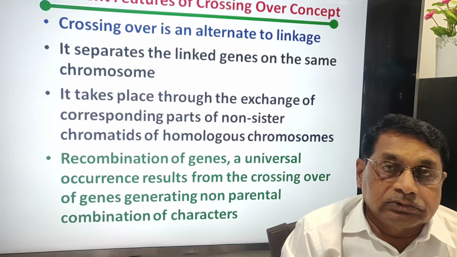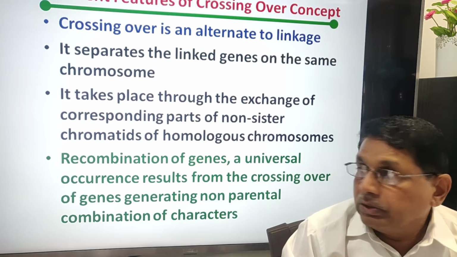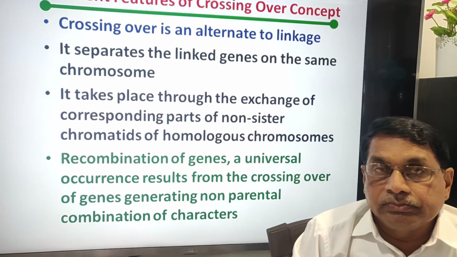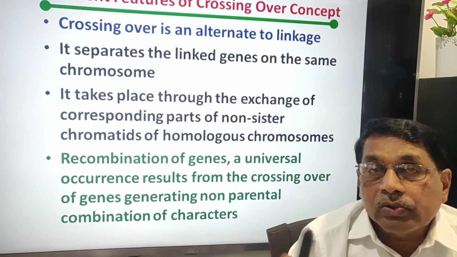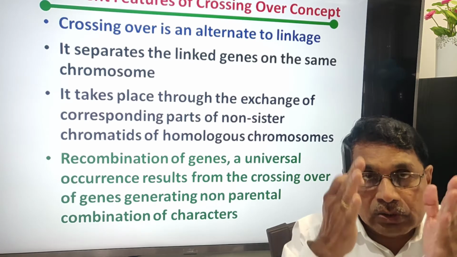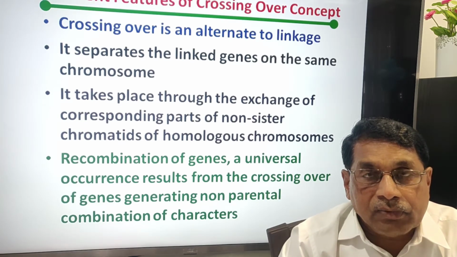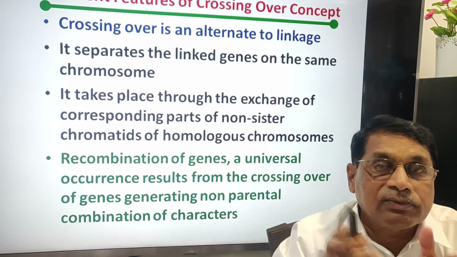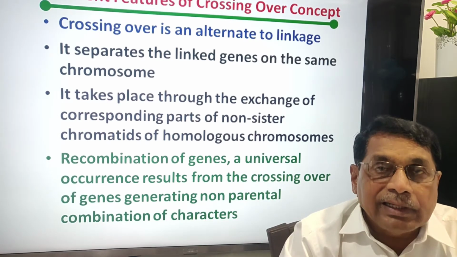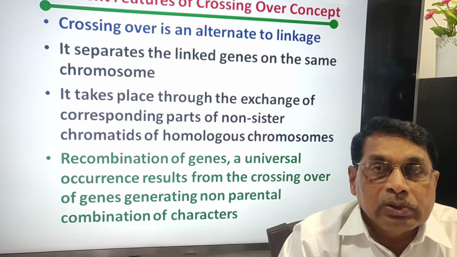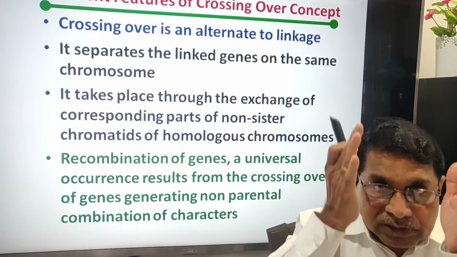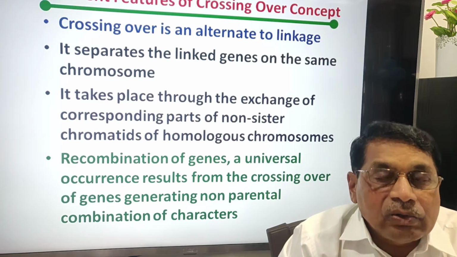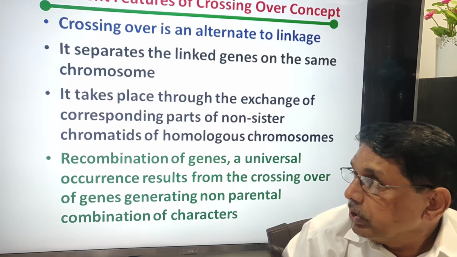This is very, very important. What are homologous chromosomes? Similar chromosomes, a pair of chromosomes, one comes from the male parent, another comes from the female parent. Similar in length, similar in centromere position, similar in gene sequence, similar in gene number. They are called homologous chromosomes.